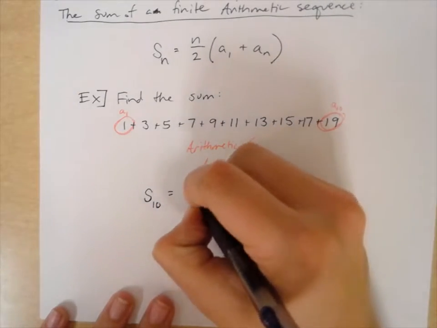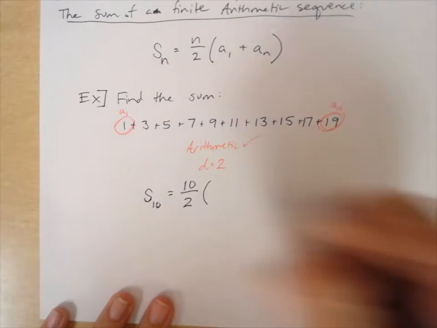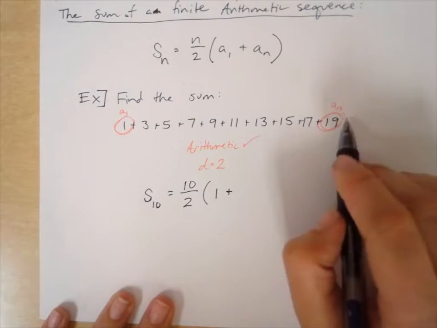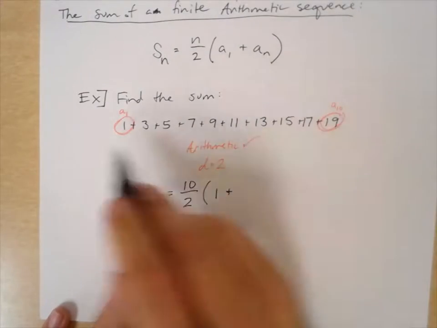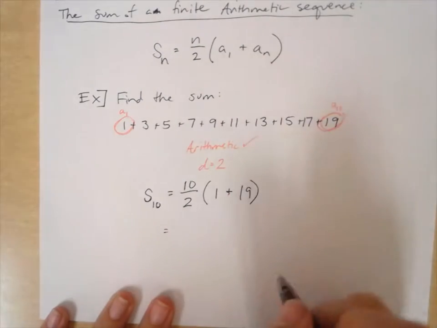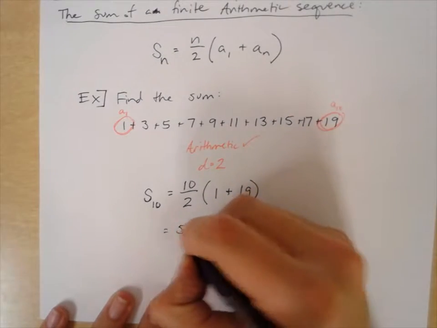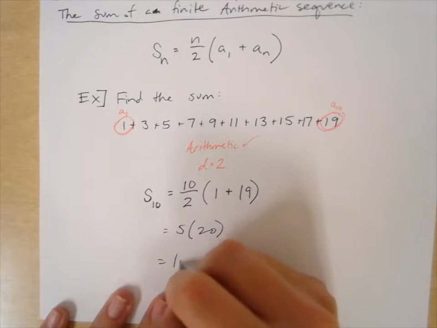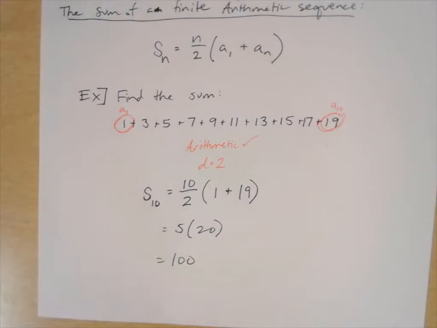And again, I'm filling in a 10 for n, so 10 over 2, outside a sub 1, which is 1, plus a sub n, which is 19. The 10th term, the thing I'm stopping at, is 19. When I start to simplify here, I know 10 over 2 is 5. And I know 1 plus 19 is 20, and I know 5 times 20 is 100, and that's my answer.